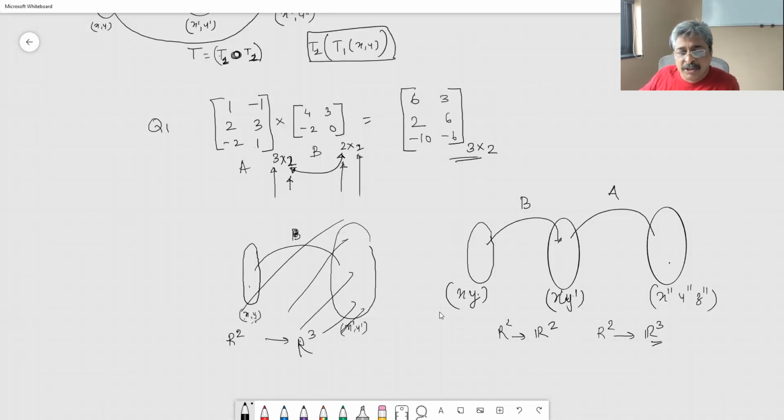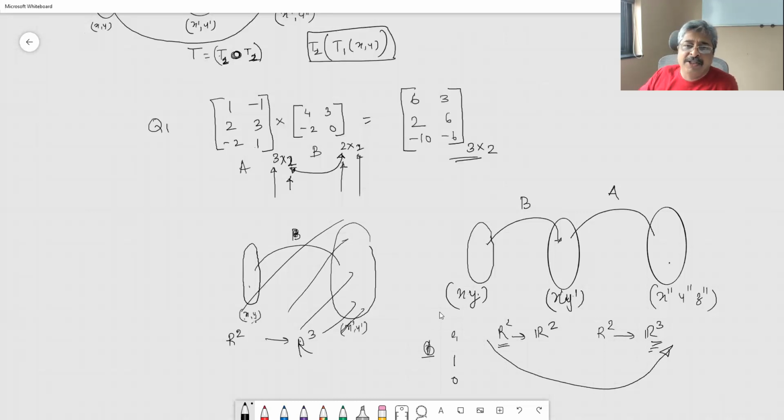This is the composition which will go from R2 to R3, from here to here directly, and the first of the two vectors of R2, that is the vector 1 comma 0, which we call I, or E1.